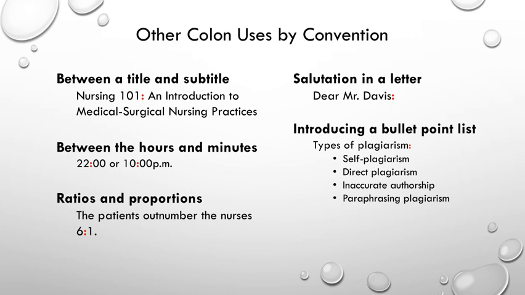But technical writing, which is writing for the workplace, for and about business and industry, you're actually encouraged to use bullet point lists because they're easier to read than a full sentence or a full paragraph that's written out, right? So you would have the list lead in. In this case, it's identifying the following as types of plagiarism, and then you would have your colon, and then in this case, your types of plagiarism set up as a bullet point list.